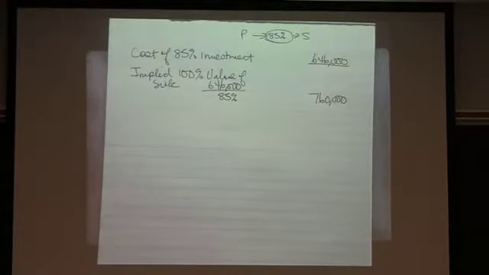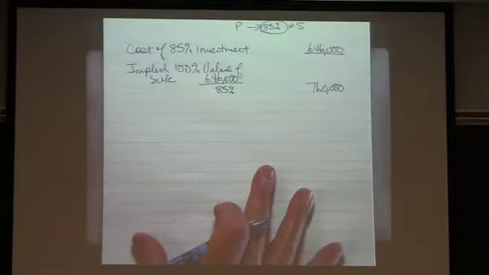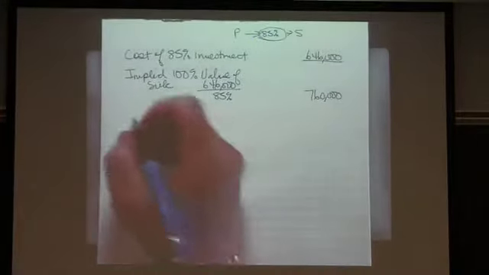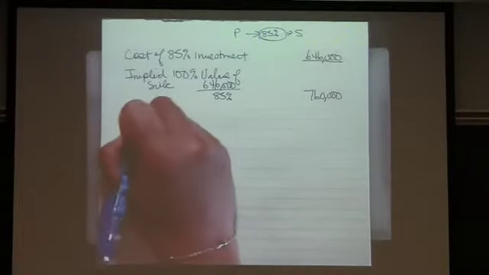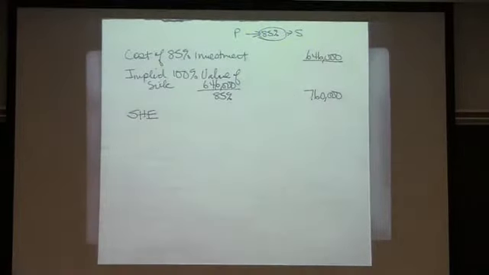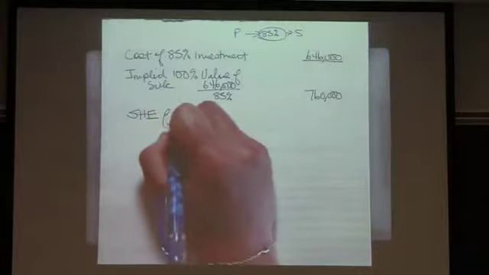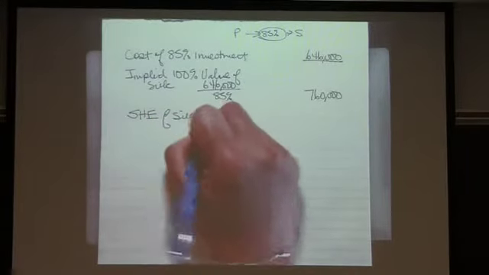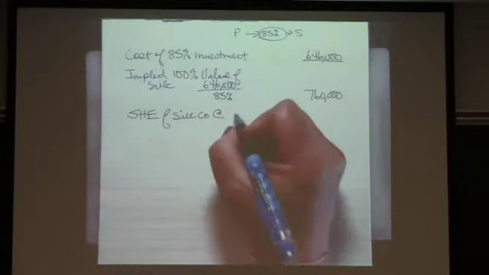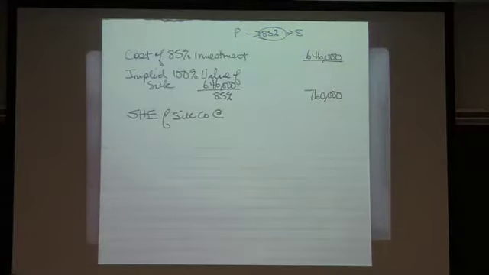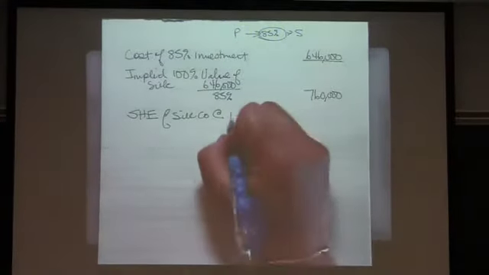Okay, now, this happened on December 31st, and Silk had common shares and retained earnings of $500,000 and $100,000, respectively. So let's write that down. So this is the shareholders' equity, SHE, of Silk Company as at the date of acquisition, which is December 31st, year one.